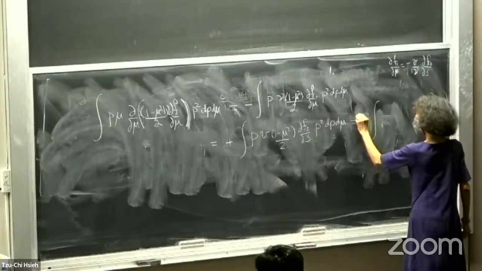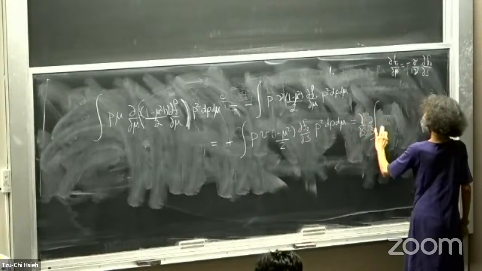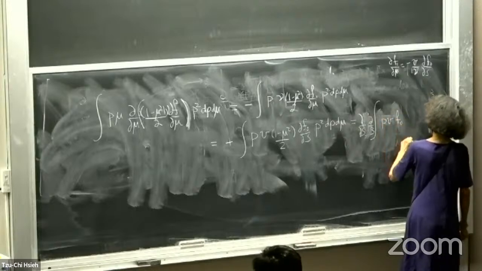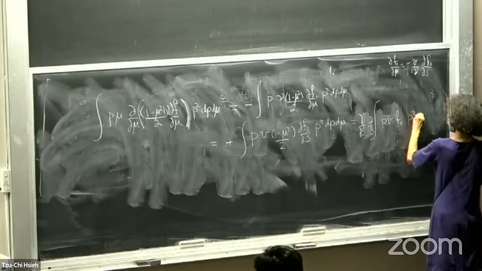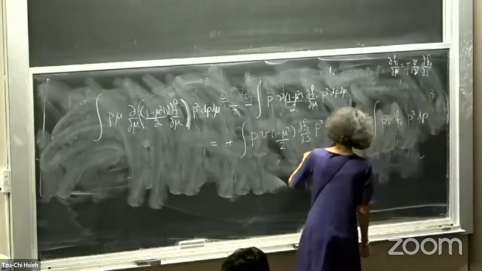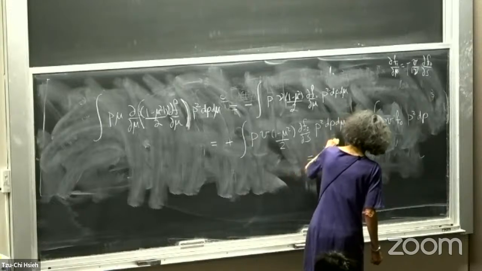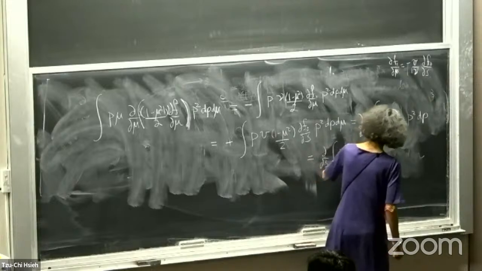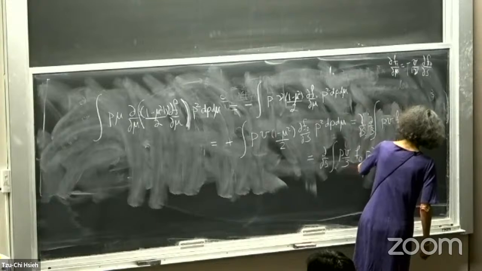Well, let's take the d by ds outside: d by ds of the integral of pv f naught p squared dp d mu, which also happens to be d by ds of the integral of pv over 3 f naught p squared dp.